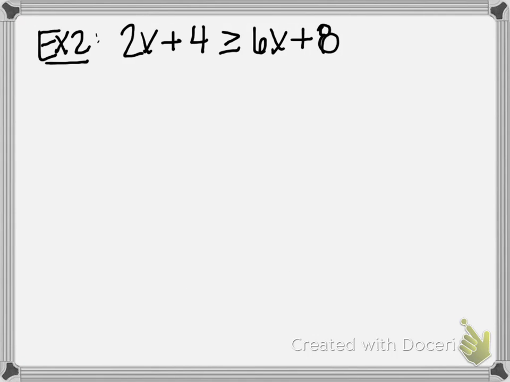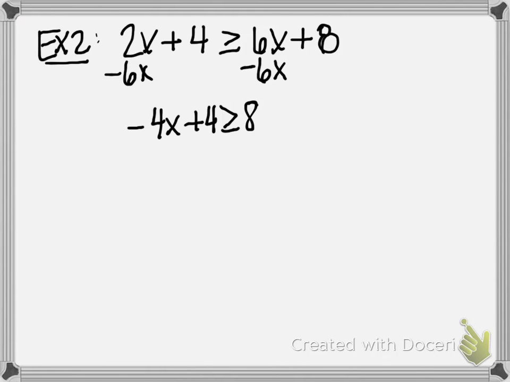Okay, number 2. On number 2, we're going to do the same thing, but we're going to be super careful about whether we have to change any inequalities. So 2x plus 4 is greater than or equal to 6x plus 8. Now I like to get the letter to the left like I said a moment ago, which means I'm going to move the 6x over, and then I need to move that 4 over.